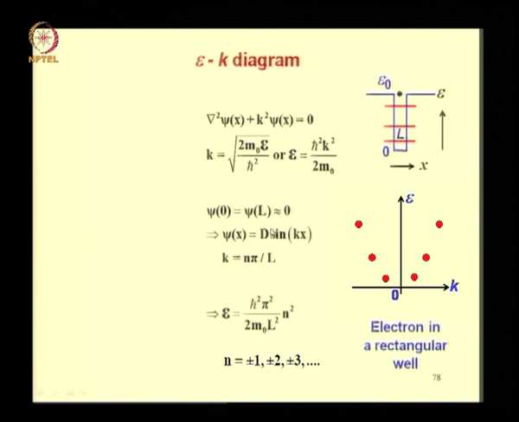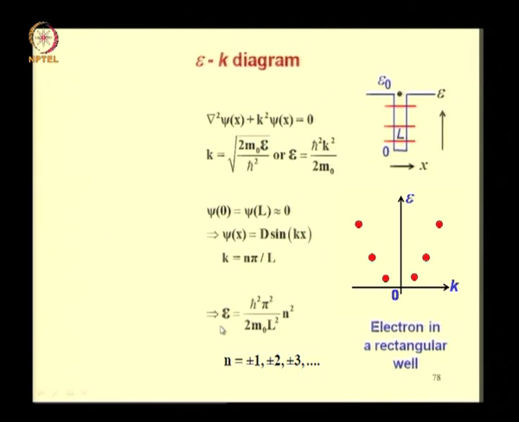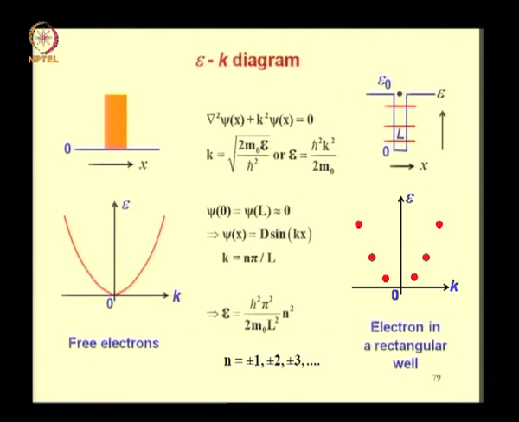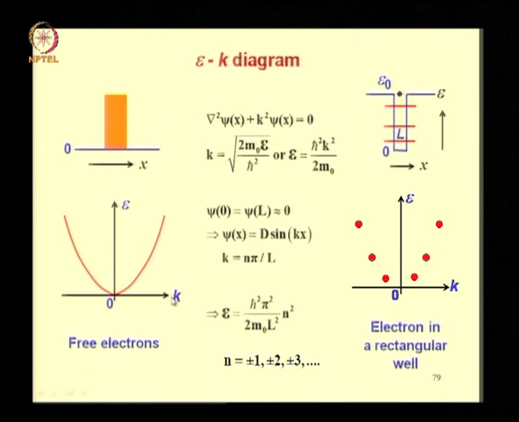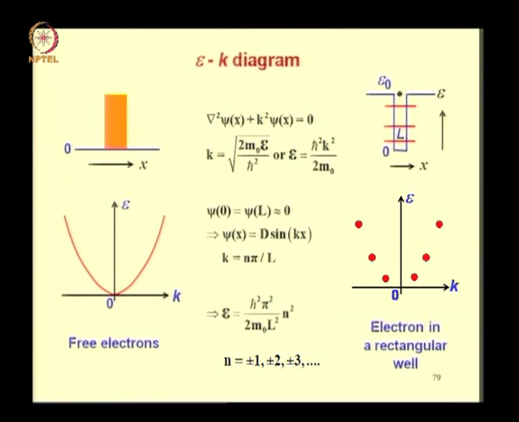Because of the boundary conditions, you get discretization of the energy. As a limiting case of L tending to infinity, you get the picture for free electrons, which is a parabola for E as a function of k, in which all energies are allowed.